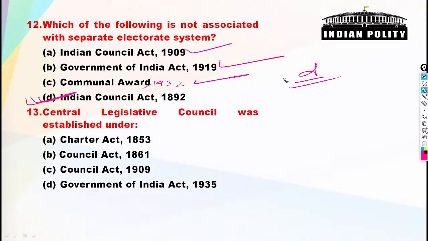The Central Legislative Council was established under the Charter Act 1853.